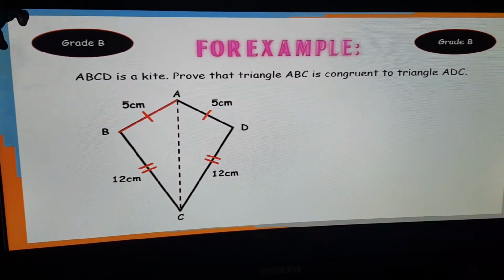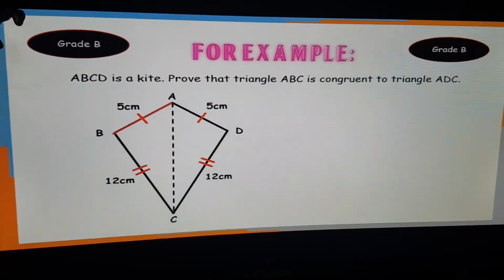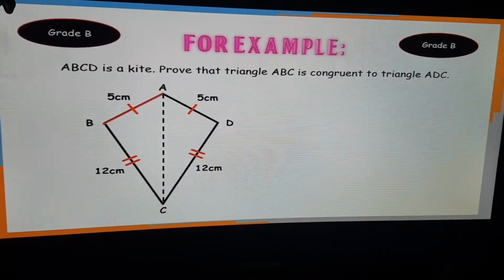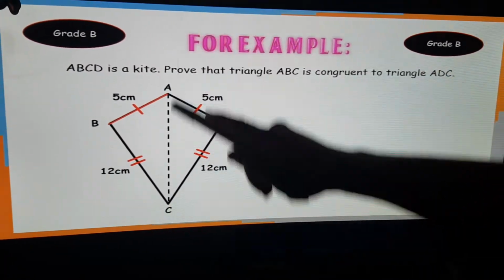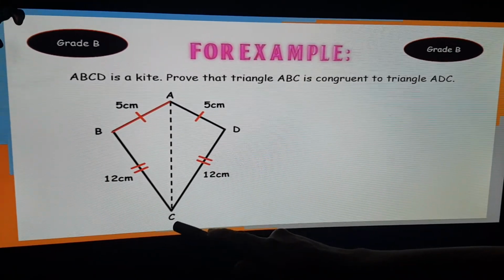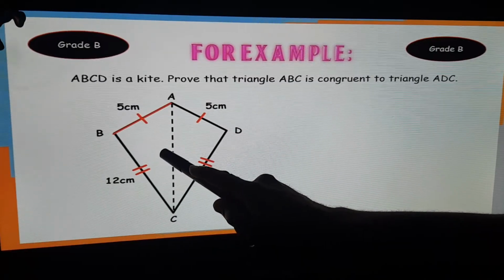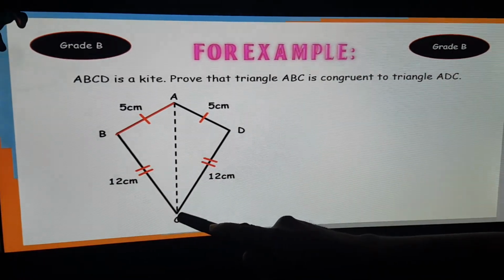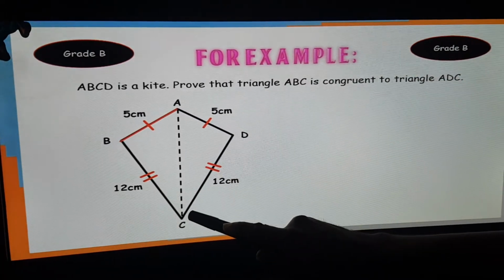This shape has a line of symmetry AC. The line of symmetry is simply the line that separates the shape into two equal halves. So if the line of symmetry AC separates this shape into two equal halves, AC is common to both triangles. And so therefore, triangle ABC is congruent to triangle ADC.